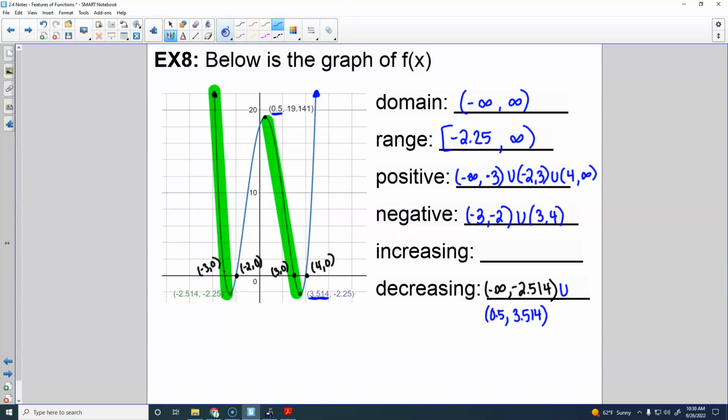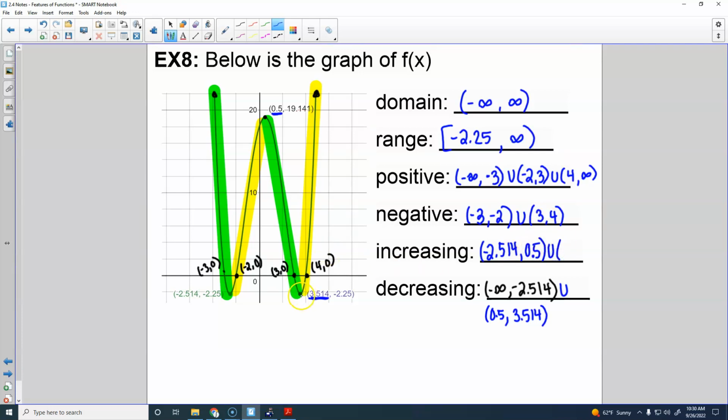All right, we increase here and here. So that would be the x coordinate right here, -2.514, up to the x coordinate here, which is 0.5.